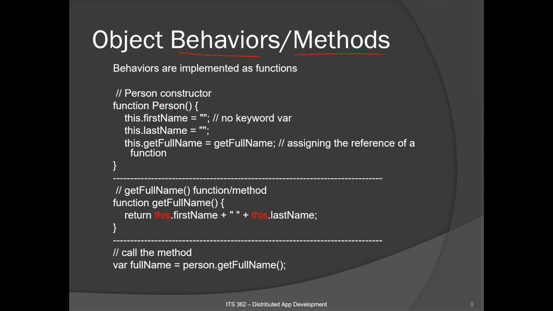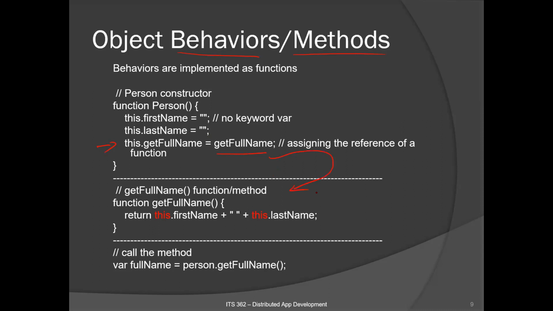So function person, this refers to that instance, and then first name, last name. But now we have a third element, right? And that's going to be this dot get full name, and get full name is just a reference, right? So it's just a reference or a name to a function. So the function is actually get full name, which will need to be defined somewhere, right?